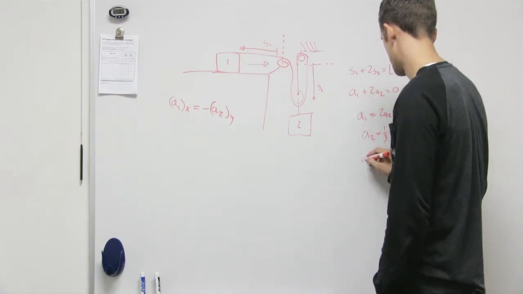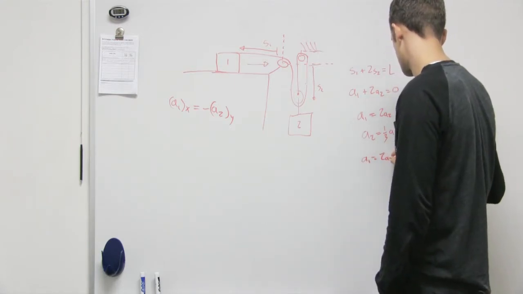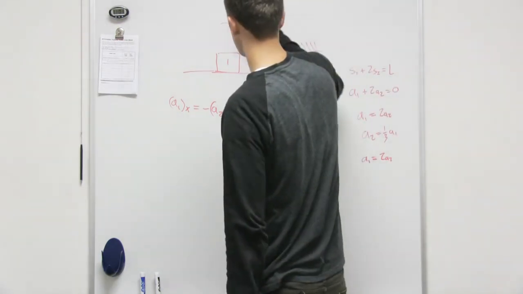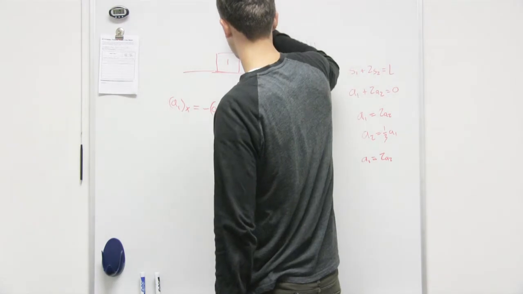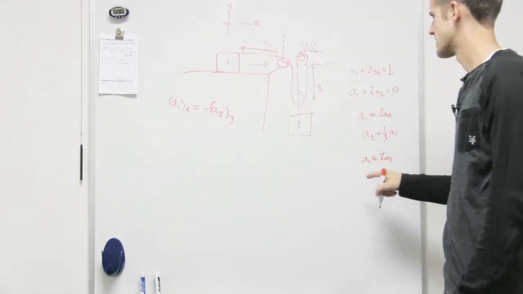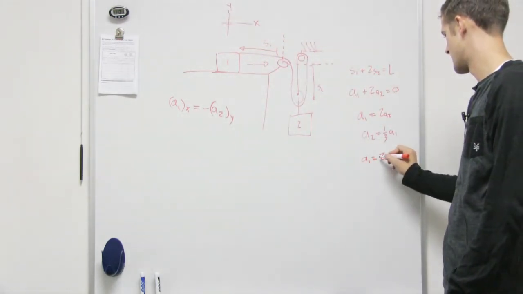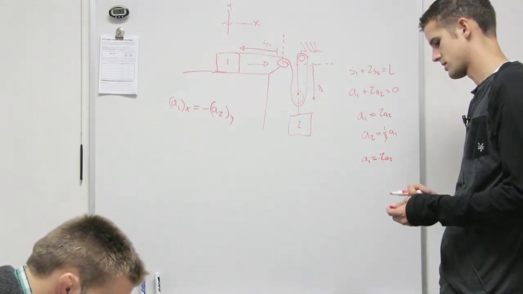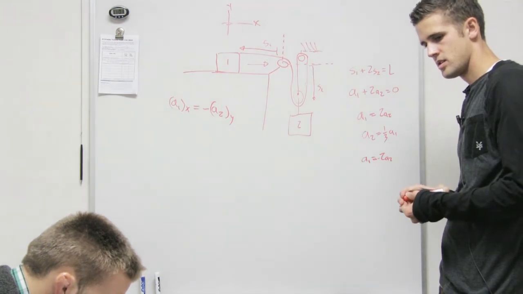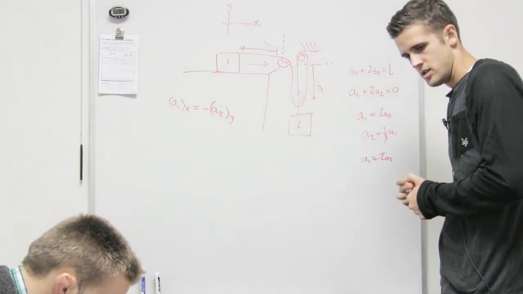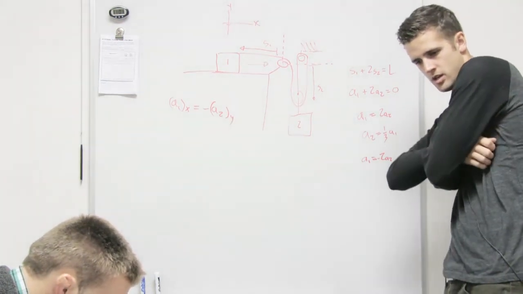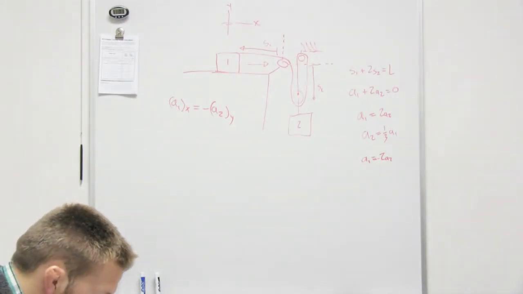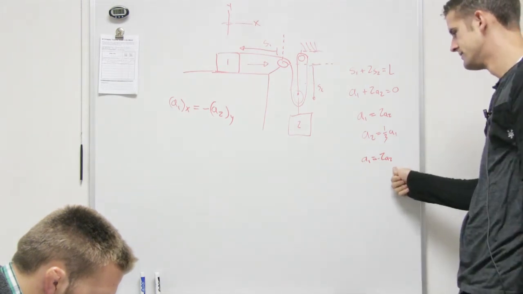You can say A1 equals 2 A2, and then you watch your signs. This is going to be positive x and positive y, so A1 will be positive and A2 will be negative. So A1x equals negative 2 A2y.